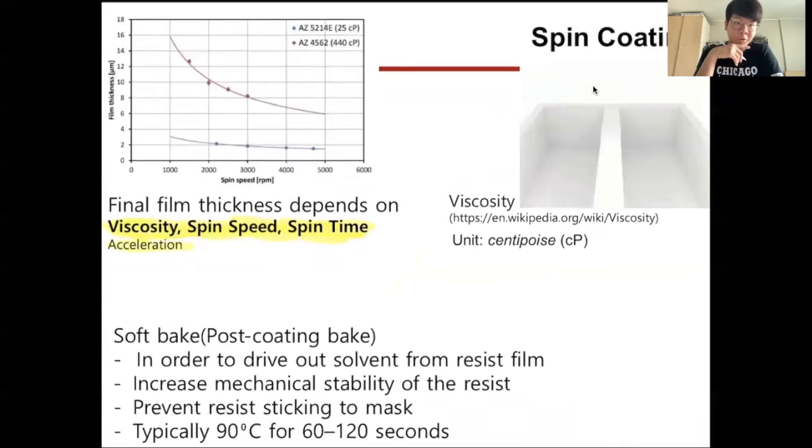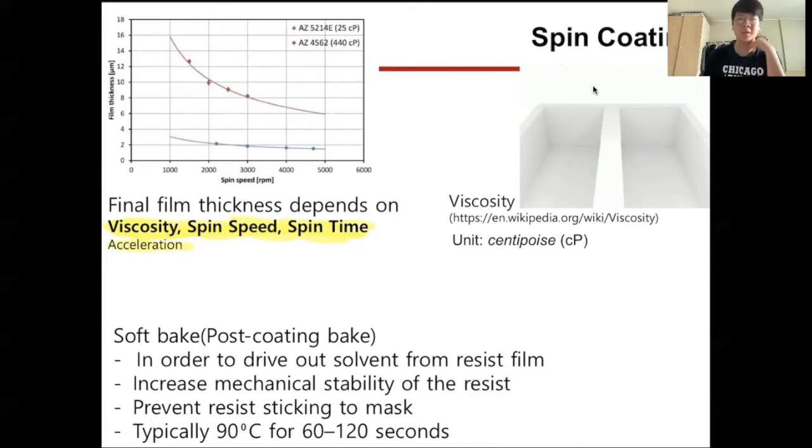In spin coating, there are four very important factors. First of all, the viscosity. If the PR has lower viscosity, then it is easier to dispense onto the wafers.